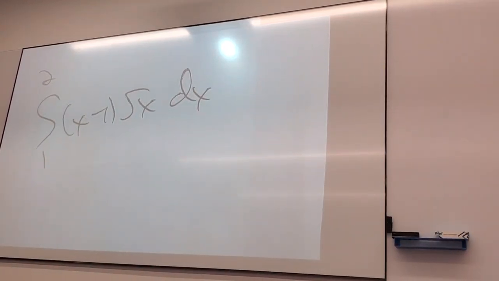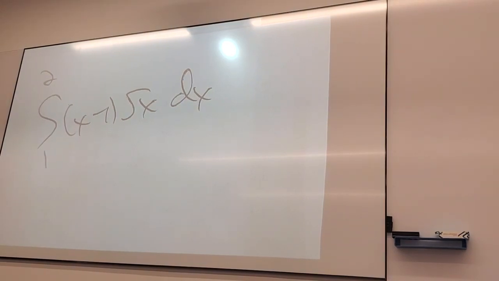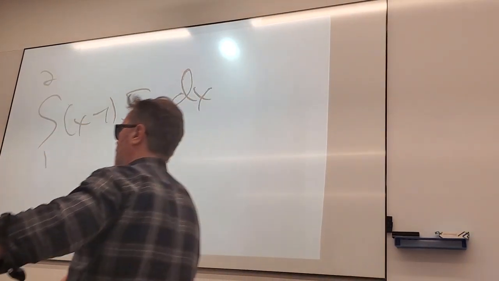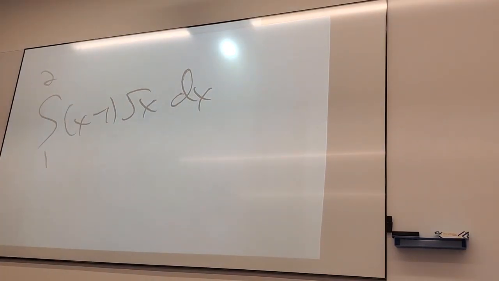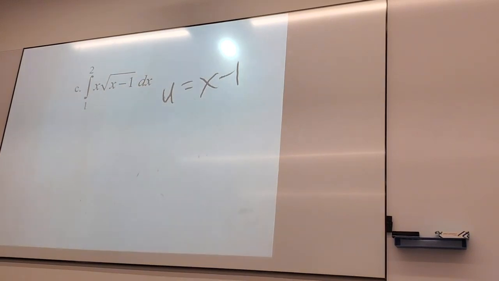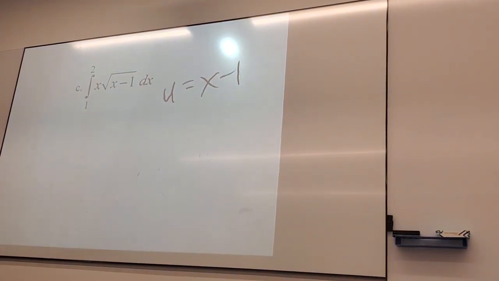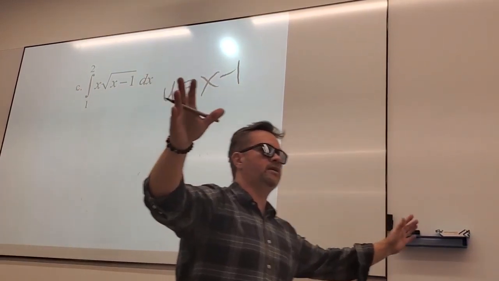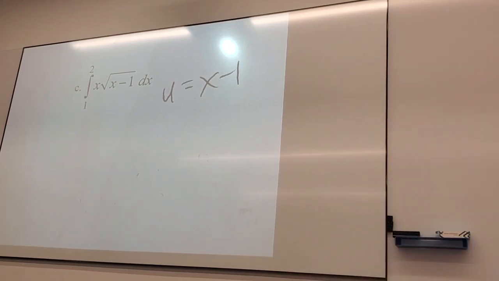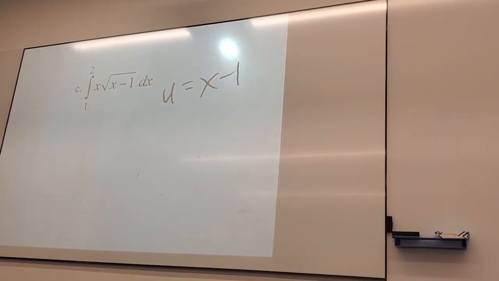It's just a power rule, right? So what sucks about the problem I gave you is that the inside of the radical is not a single term. So the way to look at this fancy U sub is, let's force the inside to be a single term. Because I want it to be.